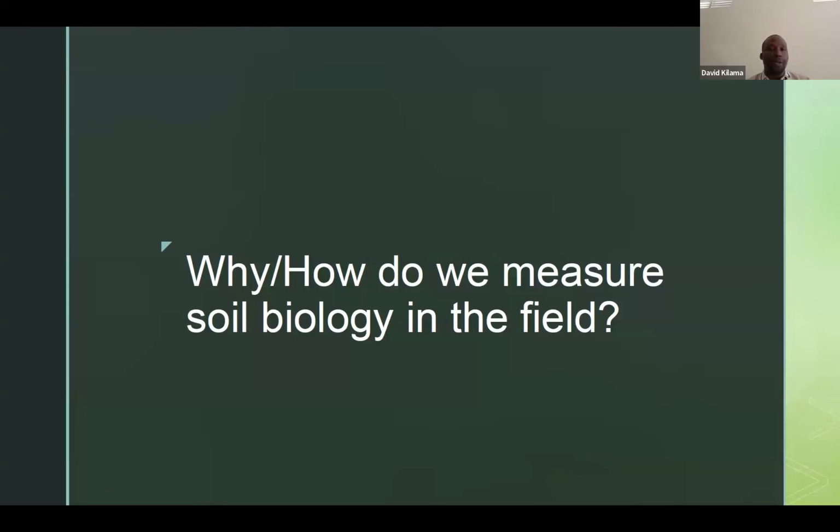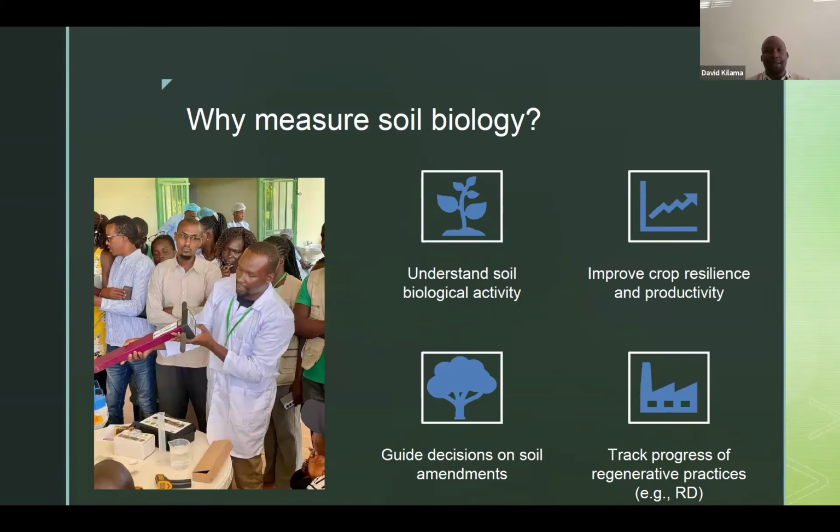So how do we measure soil biology in the field? Thank you, Warren, for the rich details about soil biology. I'd love to take the members through why we need to measure soil biology in the field. The why here is that we need to understand soil biology activity.